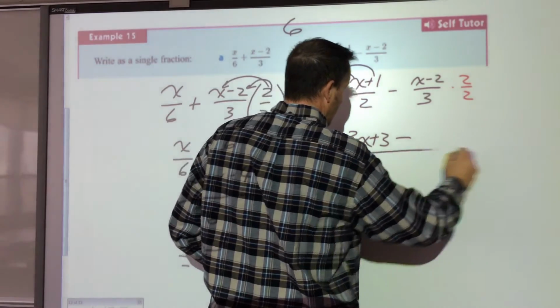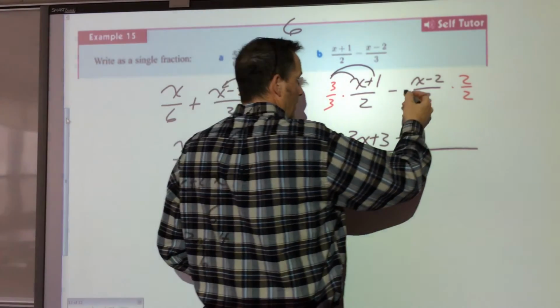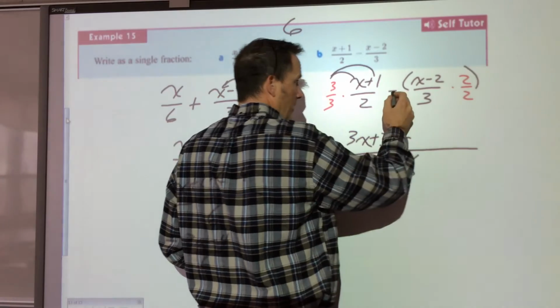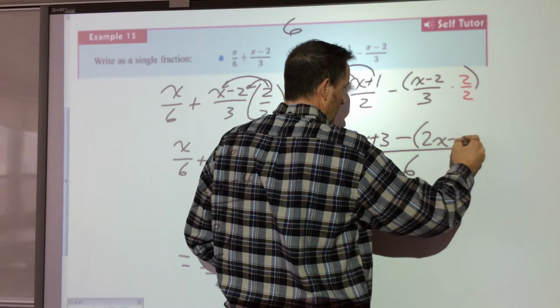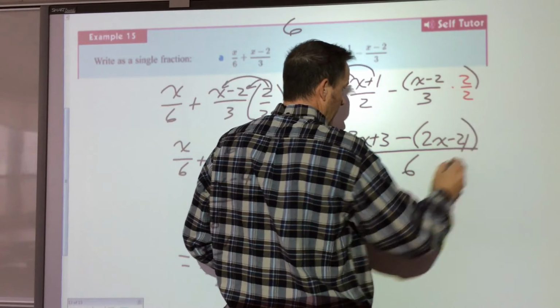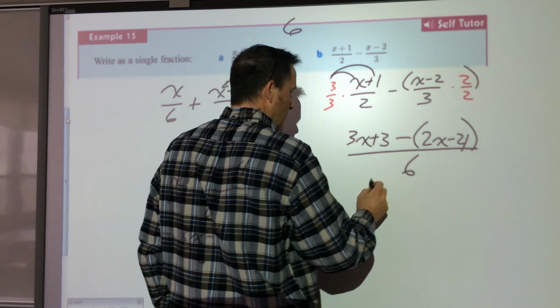Minus, this is all going to be over 6. And I've got to pay attention here because this is all being subtracted. So I'm going to minus 2x minus 4. Now I'm going to eliminate those brackets.